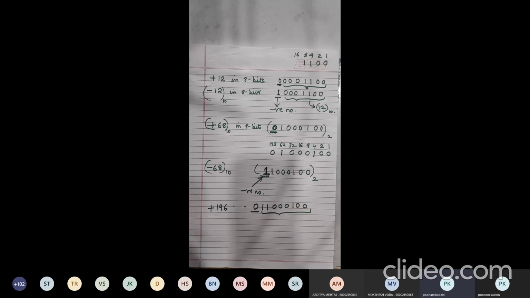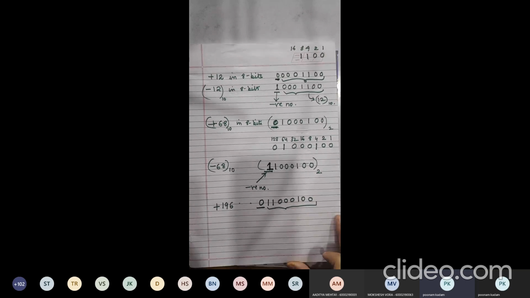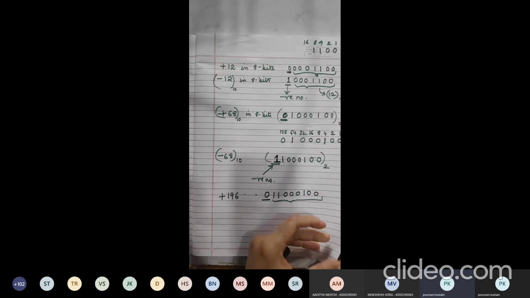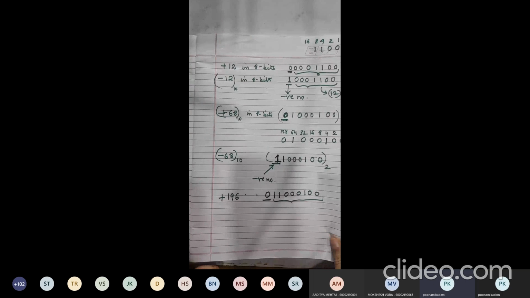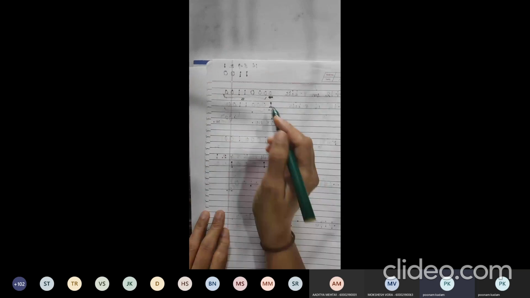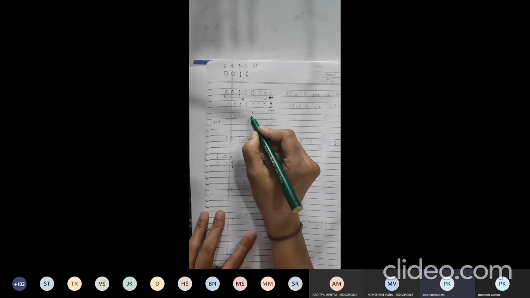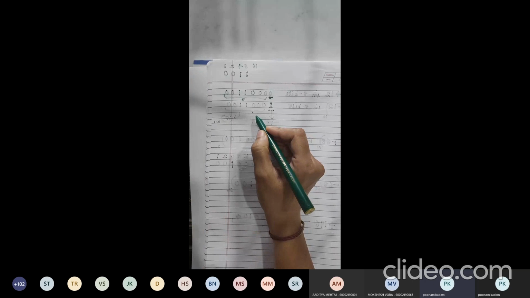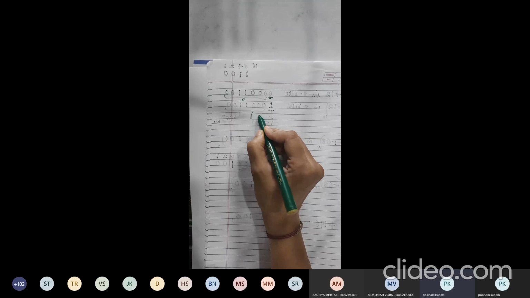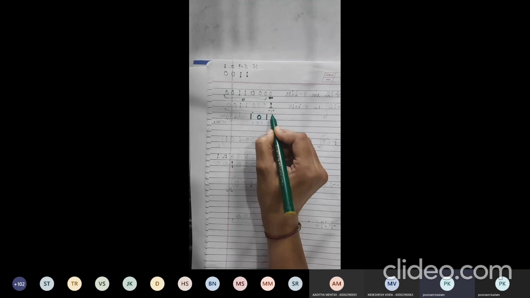Okay, so let us do the reverse also, and then I will show you how to find out how many bits you have to use to represent any number. Let's say you have to find out the decimal equivalent of a binary number, which is represented in sign magnitude form and is given as 101100.